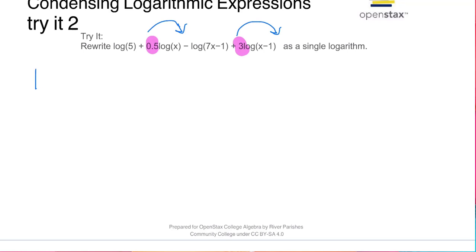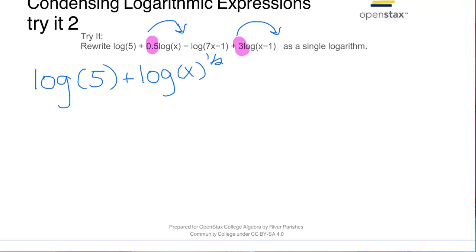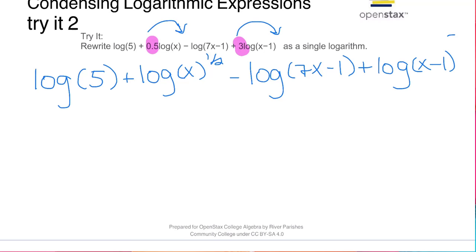So I have log base 10 of 5, plus log base 10 of x to the 0.5 power, which I'm going to write as 1/2, minus log base 10 of 7x minus 1, plus log of x minus 1 to the 3rd power.